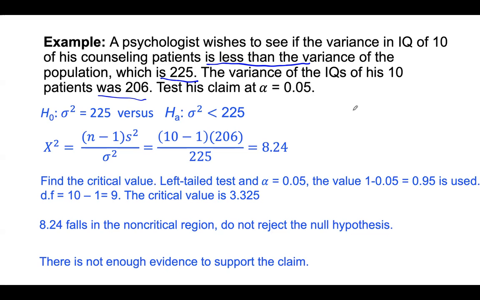We know that S squared is equal to 206, and we know that n here is 10. And we want to see if the variance is, keyword, less than 225. We want to claim that.